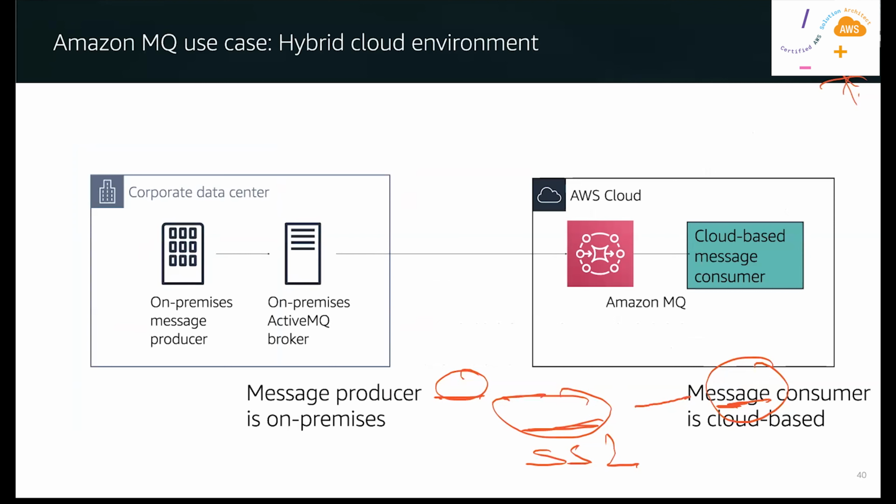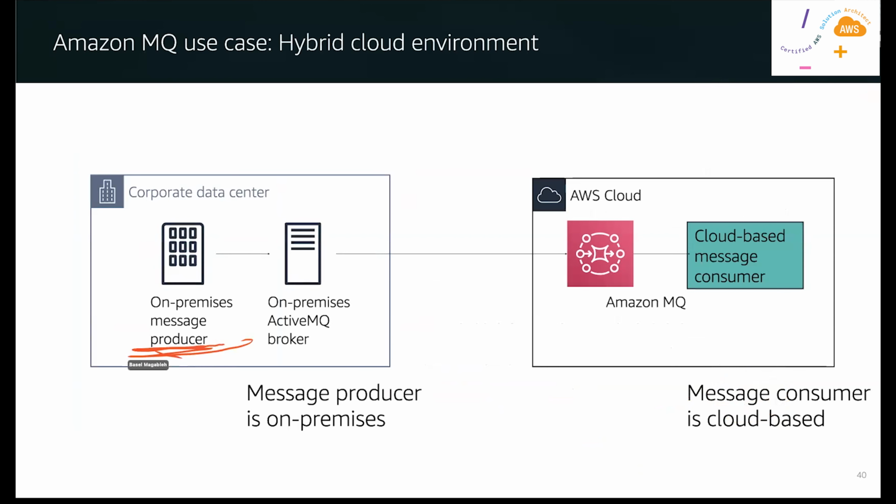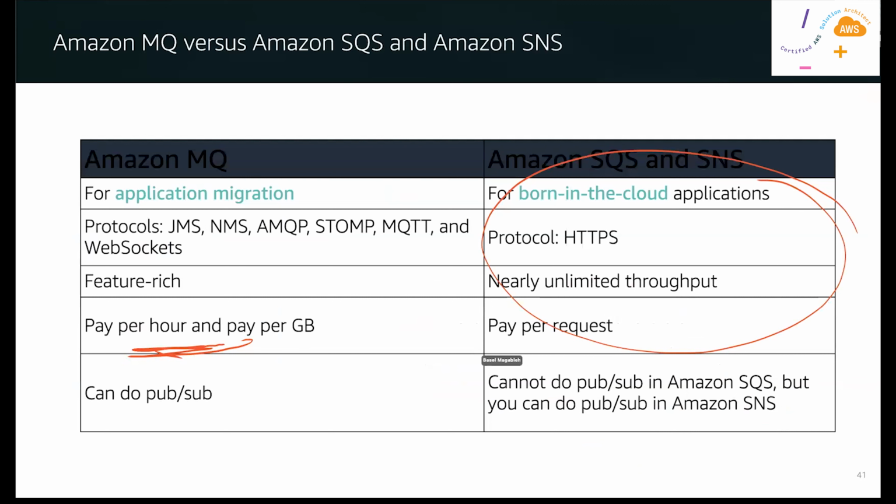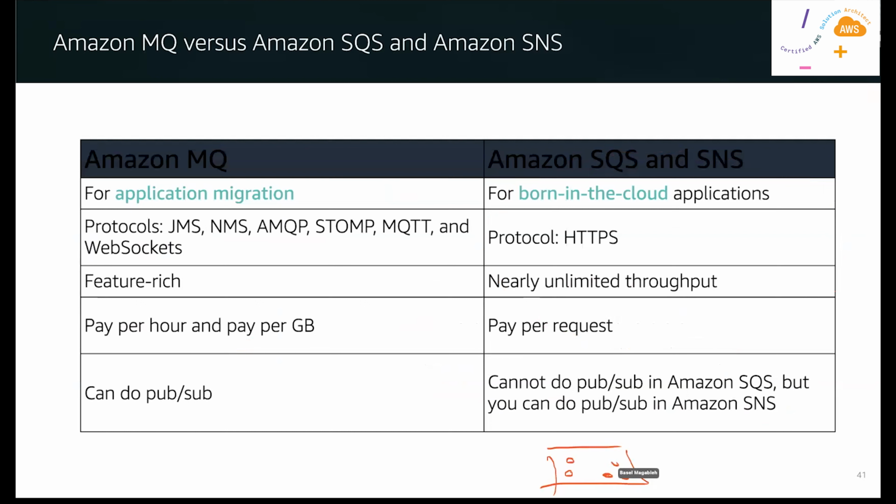Now, the features and the differences between MQ, SQS, and Amazon SNS, you can summarize in this table. For MQ, you normally use it for application migration. What do we mean by that? Maybe you have a smart home setup with multiple sensors that keep sending you data from your smart home into a queue. Let's say it can be a Raspberry Pi running in that home, and you want to upload the latest sensor data to AWS.